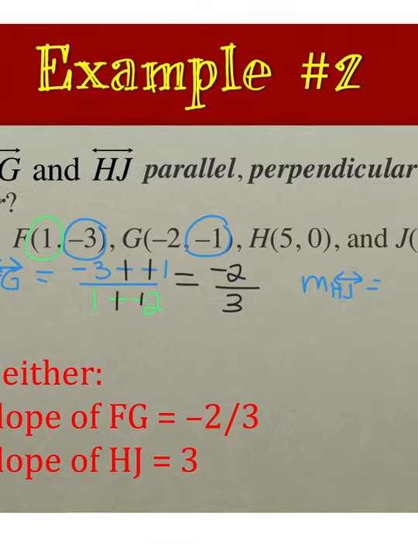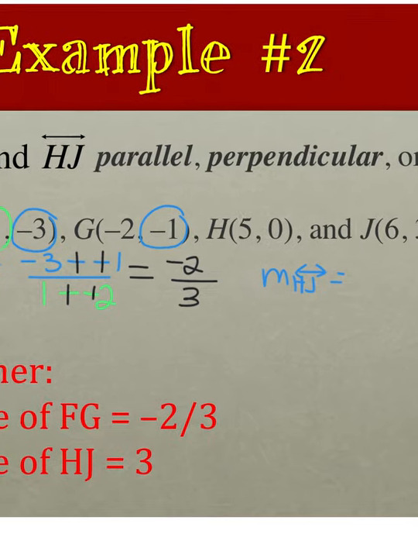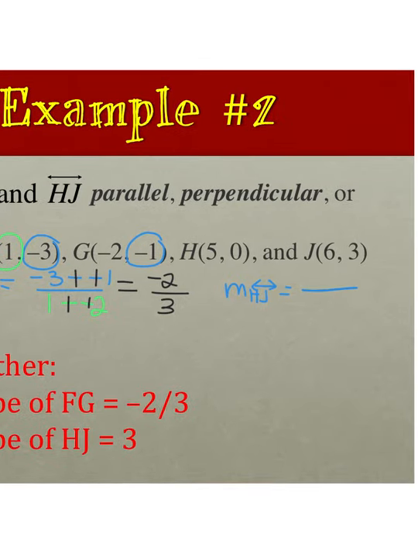All right, so for HJ, let's look at these 2 points, and it doesn't matter which y I start with. If I start with 0, I'm going to do 0 minus 3 over, and then because I started with 0, I have to start with 5 minus 6. This gives me negative 3 over negative 1. Always simplify, negative over negative is a positive 3.